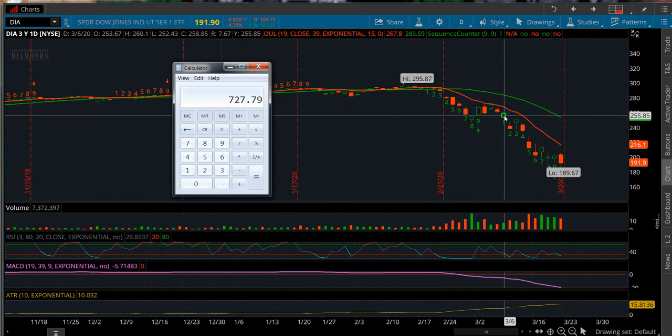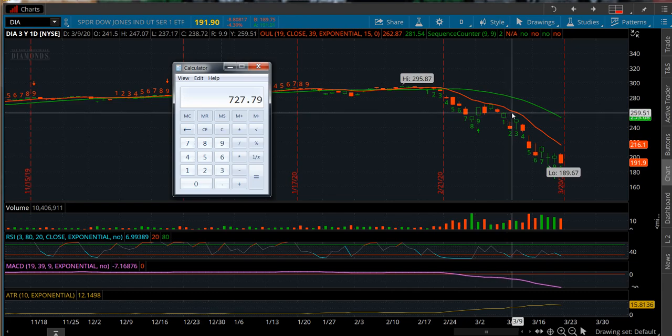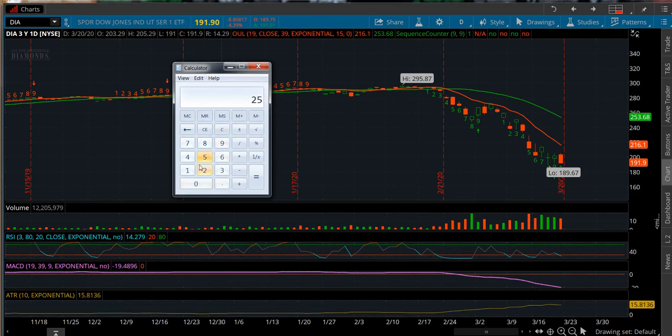So say it got up there and it closed below at 251.28. 251.28 minus 191.90 is $59.38 times your 7.